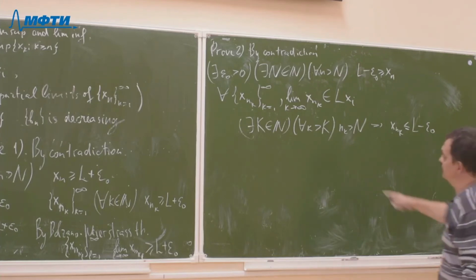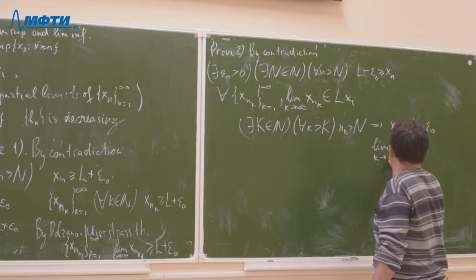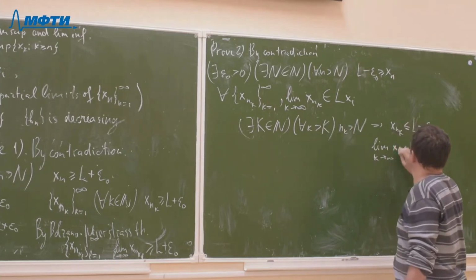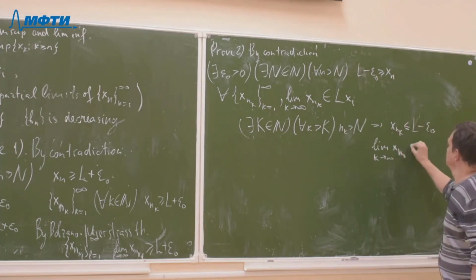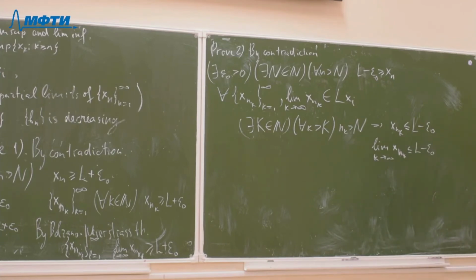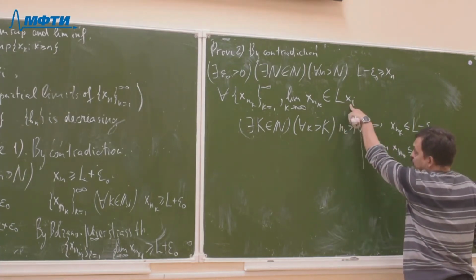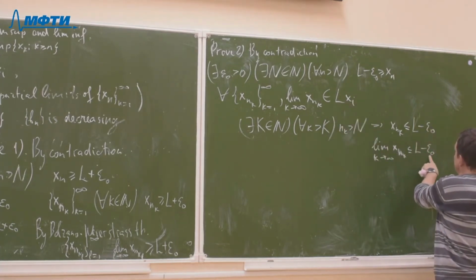Then we can take a limit. So the limit of x_{n_k} is less or equal than L minus epsilon naught. So look what it means. We have proved that an arbitrary partial limit is less or equal than L minus epsilon naught.